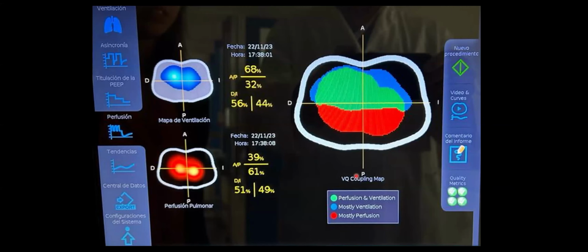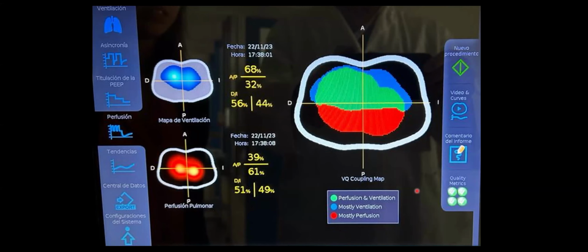In this particular case, this is another case in which he had a very severe hypoxemia in a postoperative patient, and he had this clinical suspicion that this patient could have a pulmonary embolism because this patient had received anticoagulation and they stopped it because of the surgery.